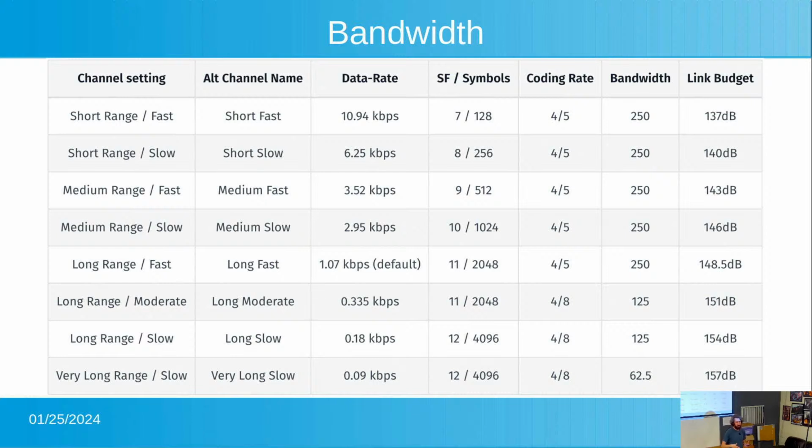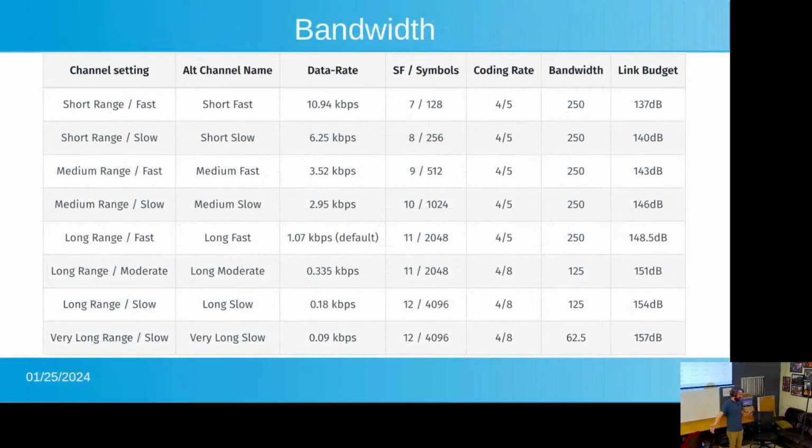For your local citywide mesh, you can do short fast, which is high bandwidth, quick communication over a shorter area. And if you're covering long distances, you'll use the much slower but more error correcting long slow. You can tailor each individual mesh for the use case.